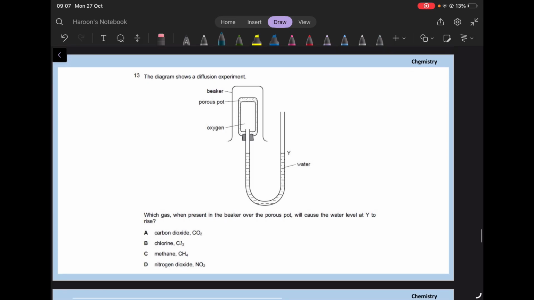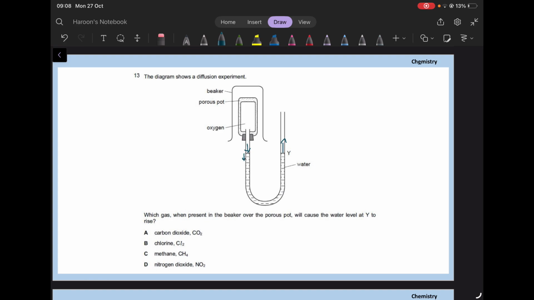Next, the diagram shows a diffusion experiment. Which gas, when present in the beaker over the porous spot, will cause the water level at Y to rise? So basically, we want it to go up over here at Y. If you want it to go up, this part should be pushed downwards. So when this goes downwards, this water has to go somewhere.